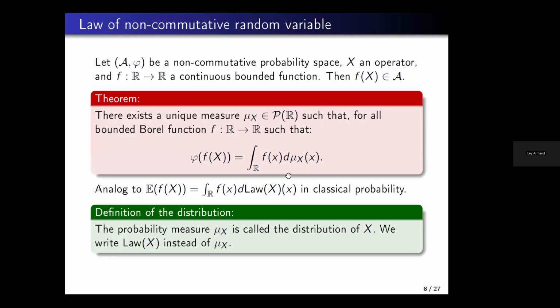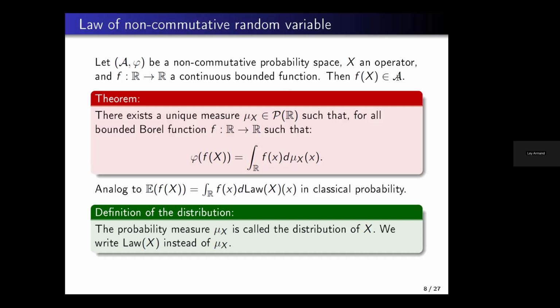You have a random variable in your non-commutative world, which is an operator x here, and you consider a function from R to R, which is continuous and bounded. In functional analysis you can define, using the spectral measure, an operator f of x, by the properties of von Neumann algebras.